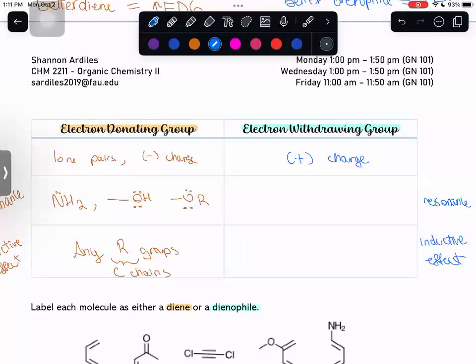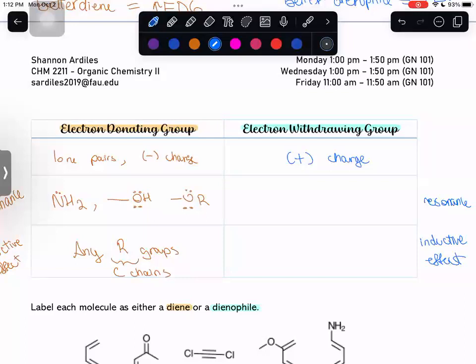I wouldn't try to get too caught up on the actual logic. It's gonna be both, but in the sense for this class, at least for this chapter, it's just gonna be withdrawing groups. So again, this part is gonna be mainly memorizing the stuff and by what effect they're basically contributing to the system.